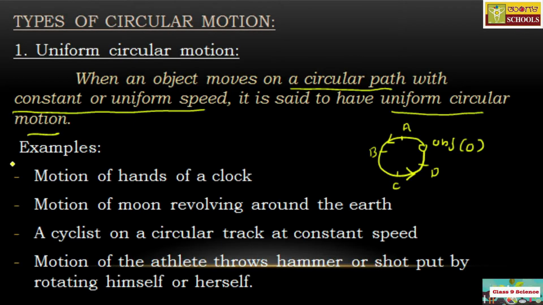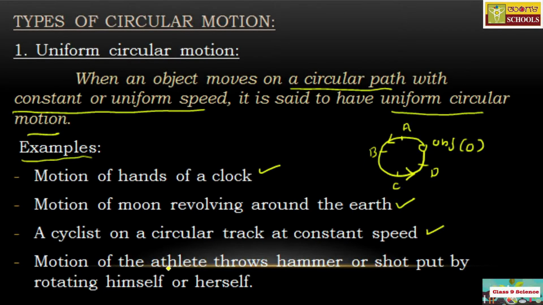So we have the examples, same examples: motion of the hands of a clock, which is constant all the time, and hence that is also an example of uniform circular motion. Similarly, motion of the moon revolving around the earth is uniform. A cyclist on a circular track at constant speed is also an example.